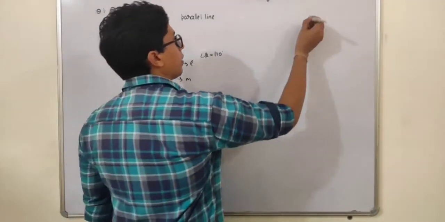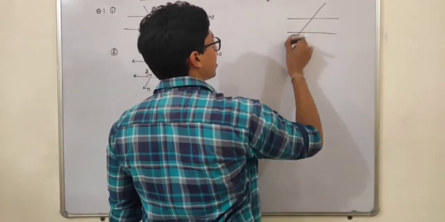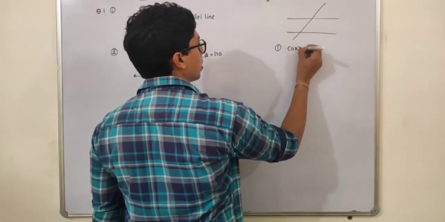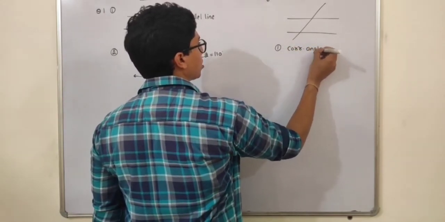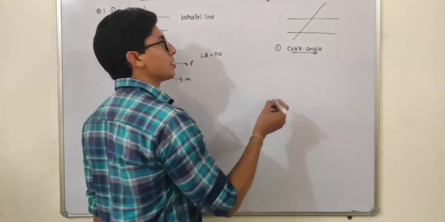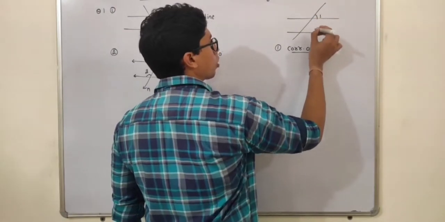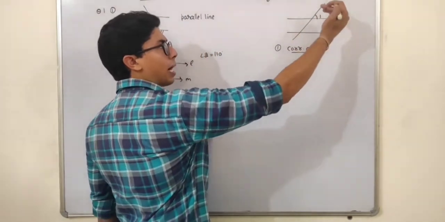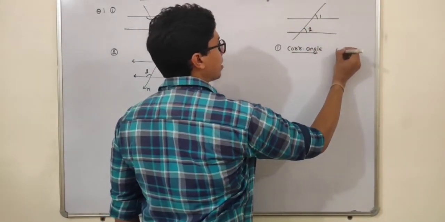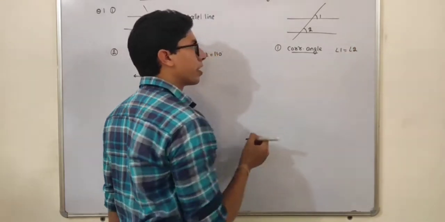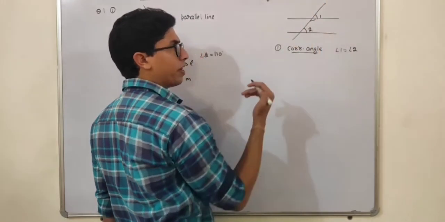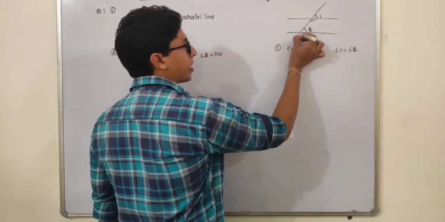If I take two parallel lines, students, and this is a transversal, then first is corresponding angles. Corresponding angles means I have to take the corresponding angles with the parallel lines. If I take this angle 1, then the corresponding angle is upside of the parallel lines, so it will be this. So angle 1 is equal to angle 2 because of corresponding angles. Similarly, if I take this downward angle, then here I can also take the downward angle.